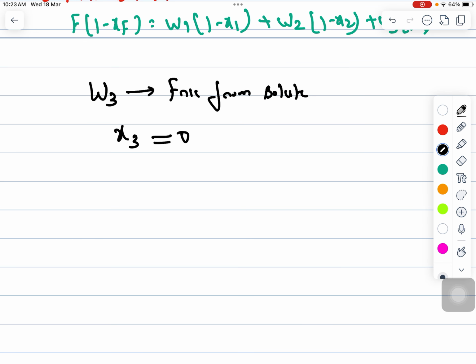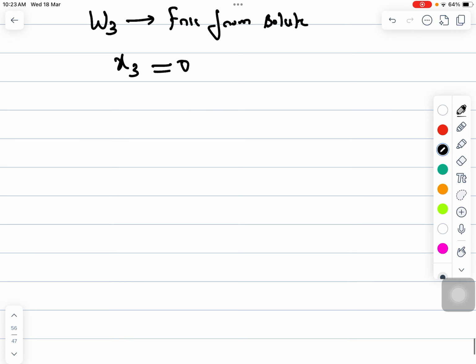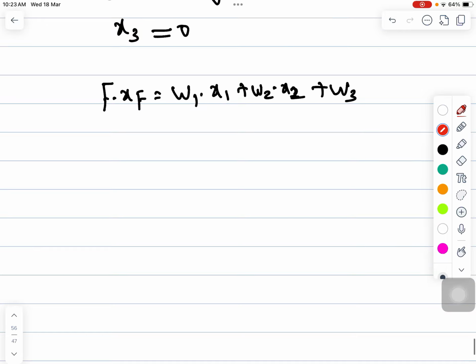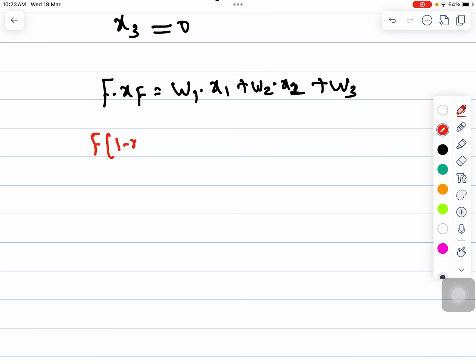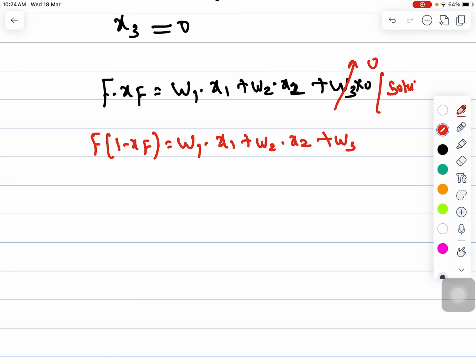Then the solute equation gets converted into F into XF equals W1 into X1 plus W2 into X2 plus W3 into 0, and the solvent balance gets converted into F into (1 minus XF) equals W1 into (1 minus X1) plus W2 into (1 minus X2) plus W3, since W3 into (1 minus 0) is just W3. This one is for the solute and this is for the solvent, right?